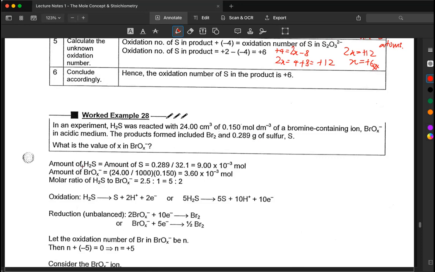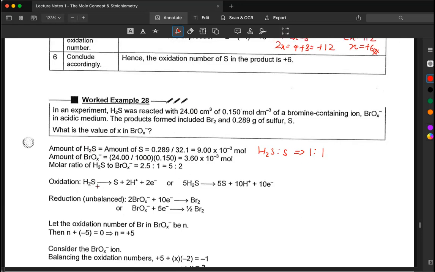The mole is the same, because 1:1. Now the amount of BrOx minus you can calculate again. The molar ratio of H2S to BrOx minus is 5:2, 2.5 to 1.